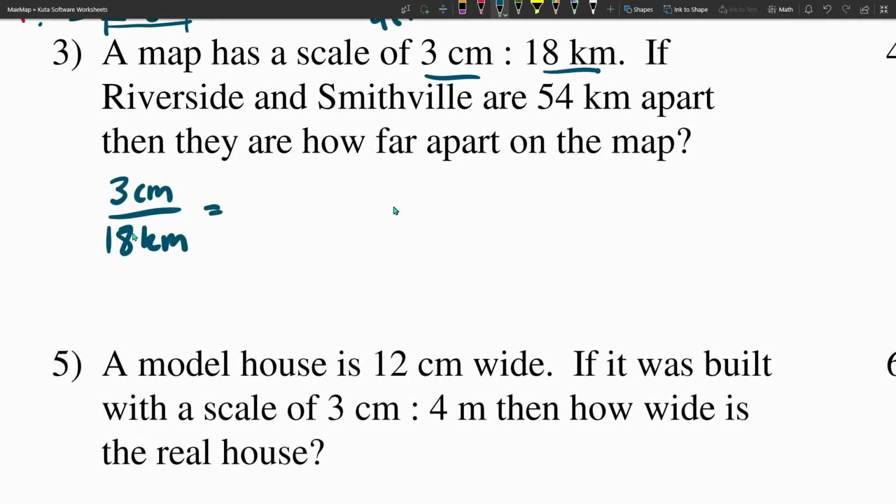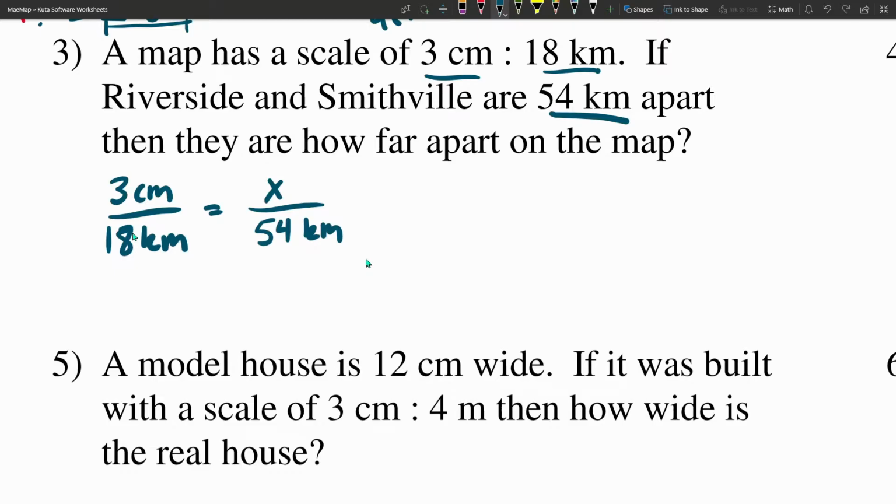We need to know how far apart they are, Riverside and Smithville, on some map. So we're looking for that centimeter distance between them. So let's make this variable x. And that's going to be all over our 54 kilometers because that's how far apart they are actually.